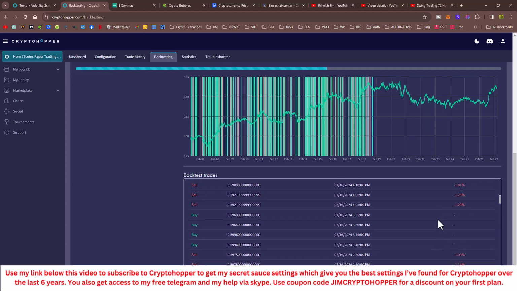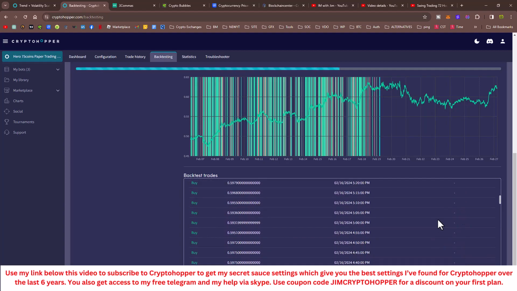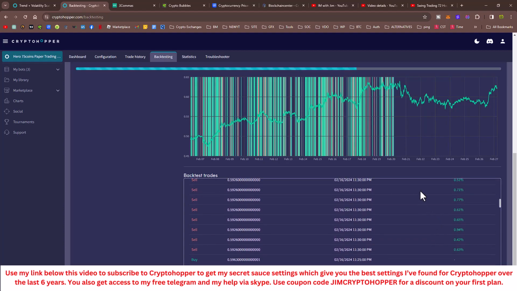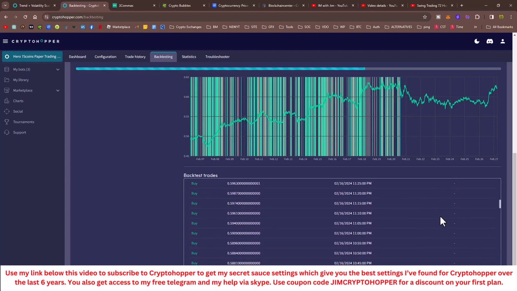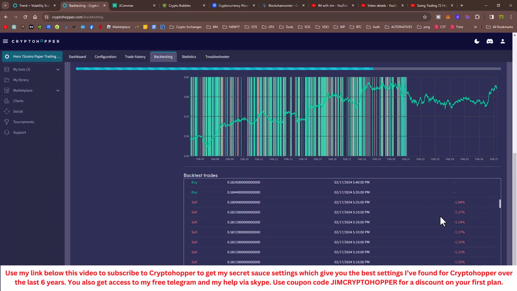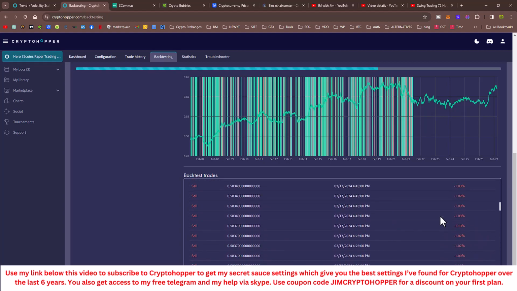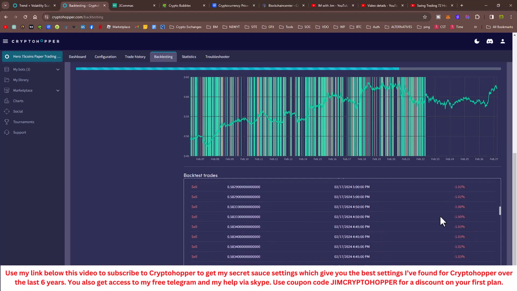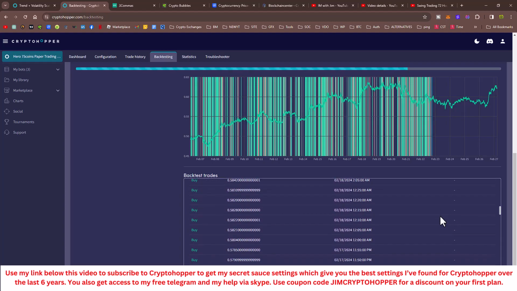I don't use stop loss in my strategies, guys. I use auto DCA because I don't want to lose anything. I prefer to wait for something to drop a fair bit and then automatically DCA that position and get the profit on the way back up. Lots of stop losses kicking in there. Terrible.